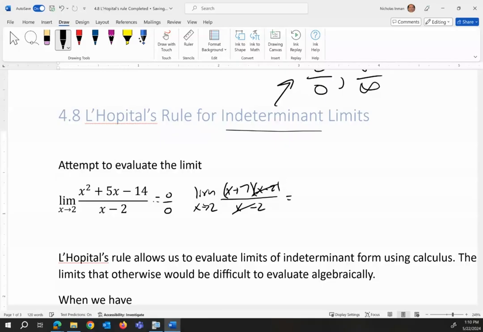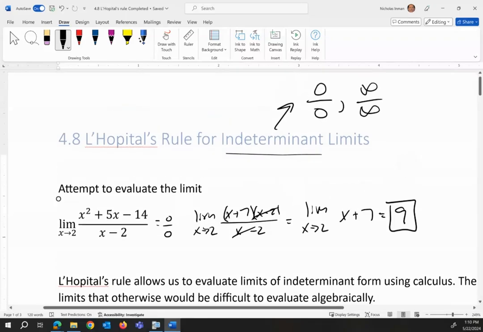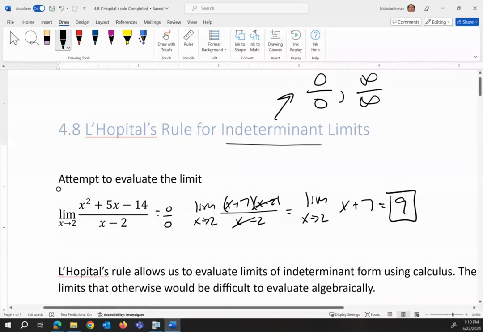The minus 2's will cancel. So we can now evaluate 2 plus 7, that's 9. All right, so this answer did have a limit value. Great. Okay, but that just took a lot of work.